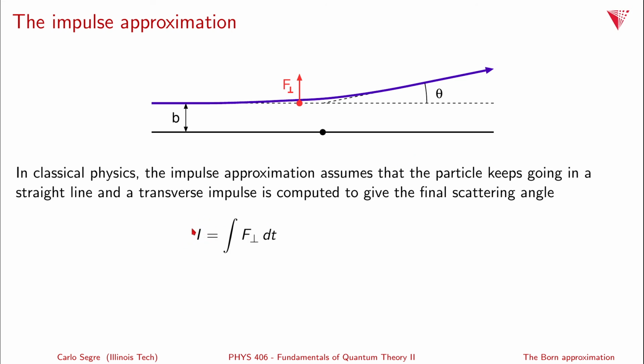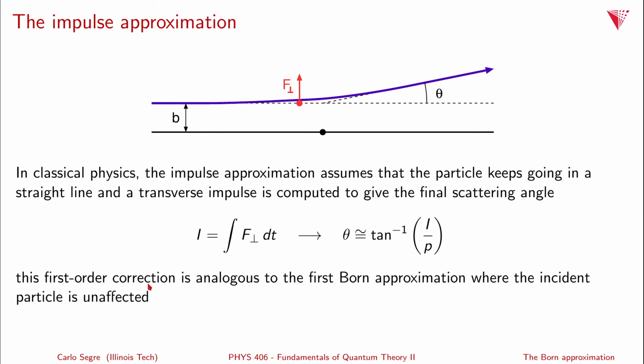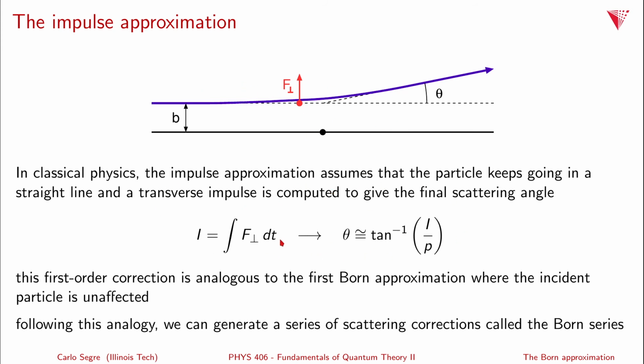That impulse is just the integral of the transverse force times dt over time. And the angle is equal to the arctangent of the impulse divided by the momentum. So this first order correction is analogous to the first Born approximation, where the incident particle is unaffected. So this is the equivalent of the first Born approximation.